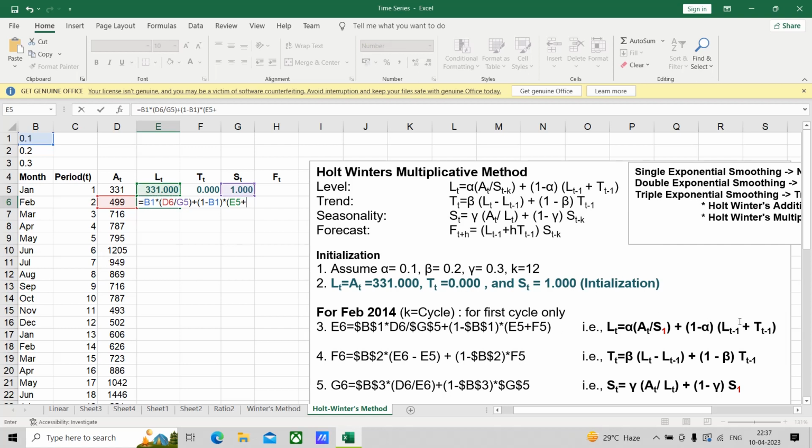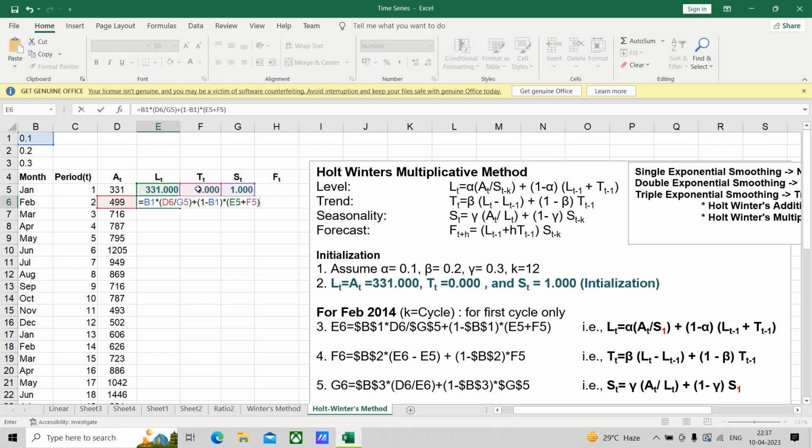E5 is the L(t minus 1). Again for this row the t value is 2, so 2 minus 1 is T1, and T1 is nothing but this F5 value. So we click here, and then we close the bracket.